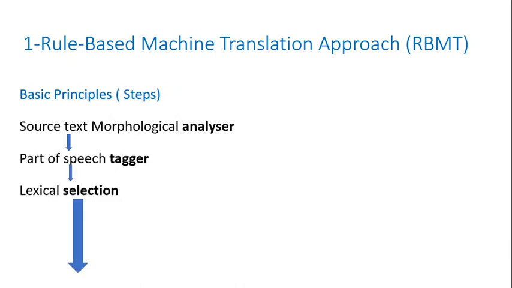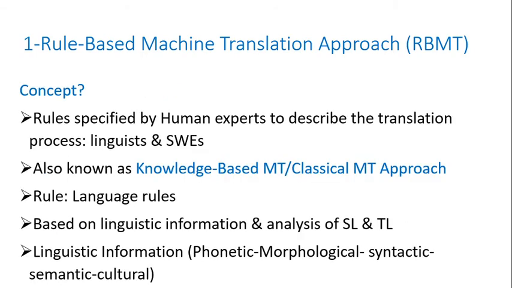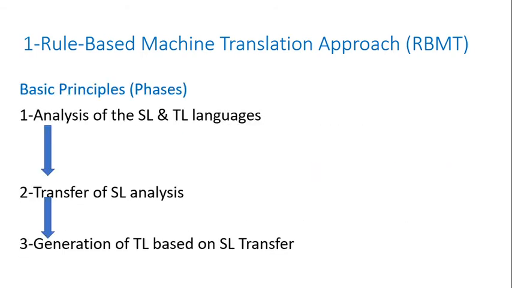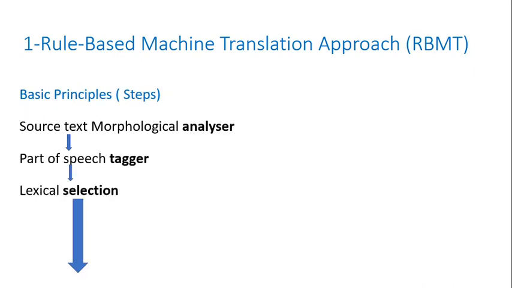As I said earlier, when I was talking about this second last line, it is linguistic information. Now we have a little bit of detail of this: the source text morphological analyzer. Of course, this analyzer is the machine part developed by software engineering or computer science.